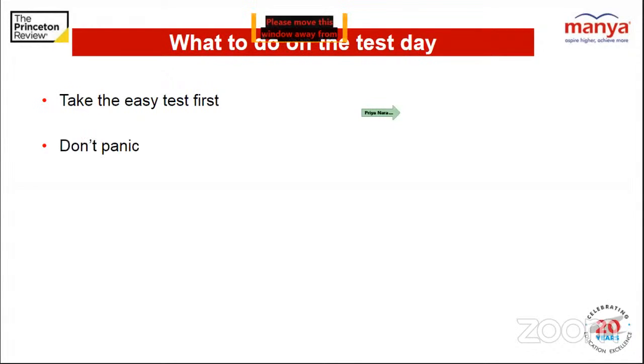Take the easy ones and then move on to the harder ones. If you don't know something, don't panic, because you cannot do anything about it at that point. Whatever score you get might be enough, or worst case, you have the option of taking the test again. But on that day, don't panic.